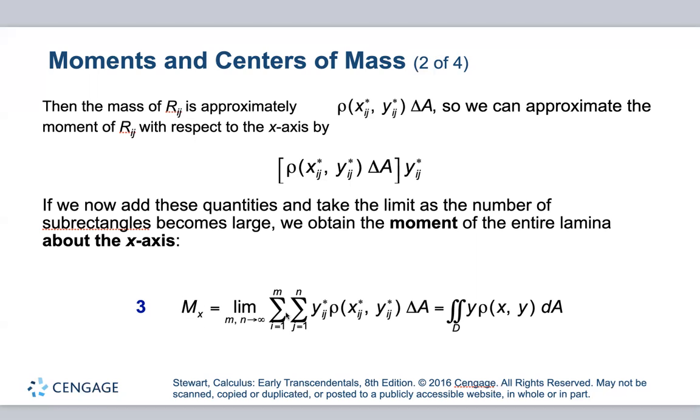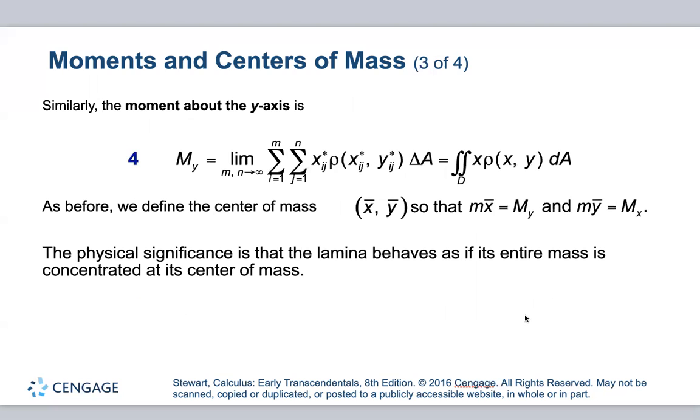So the moment about the x-axis has a y times the rho in the formula. The same sort of argument gives you the moment about the y-axis, which is the double integral of the directed distance to the y-axis, given by the x-coordinate, times the density dA.